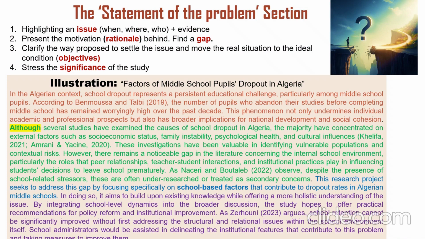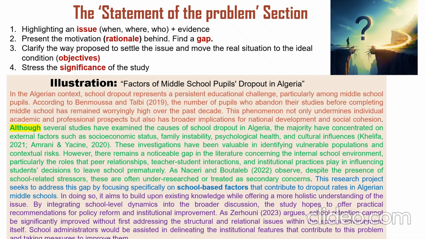Now, if we contrast the first section of our text today with the first section in the previous text, we see that there is a clear contrast between the ideal situation described earlier in the background section and the real situation described here. The contrast itself is clearly articulated by the writer in the last sentence of the first part, saying that this phenomenon not only undermines individual academic and professional prospects, but also has broader implications for national development and social cohesion. So the situation is presented as a problem or an issue.